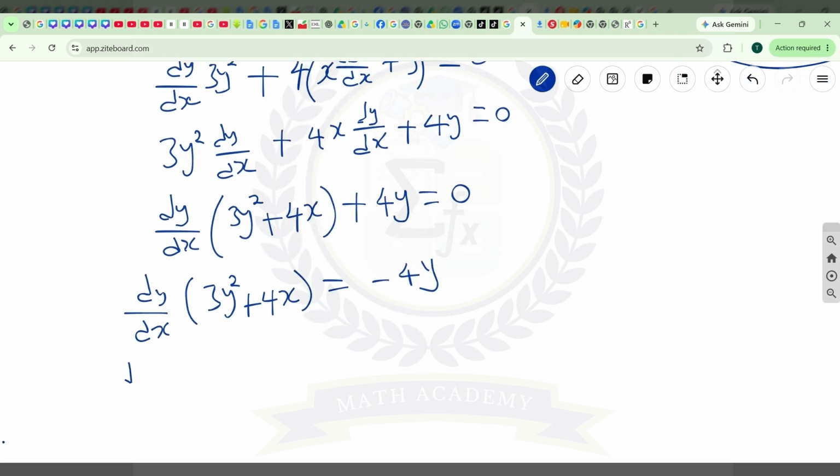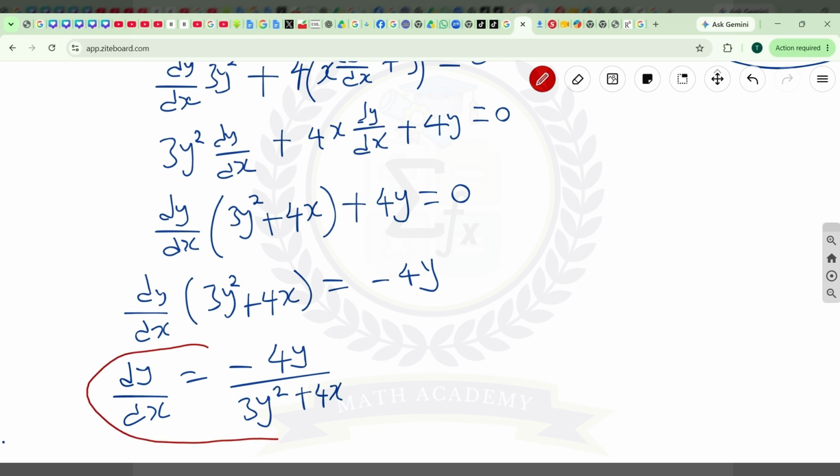Now I'm going to divide both sides by 3y squared plus 4x because I want to make dy/dx the subject of the formula. So I will finally have dy/dx equal to minus 4y over 3y squared plus 4x.